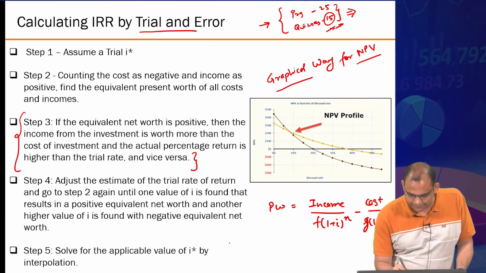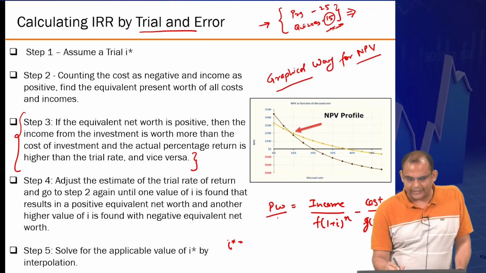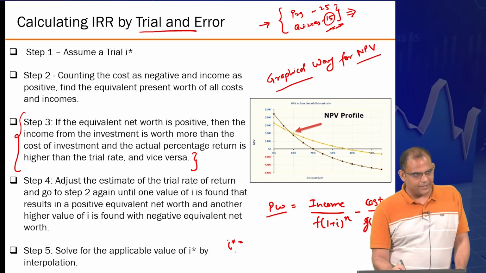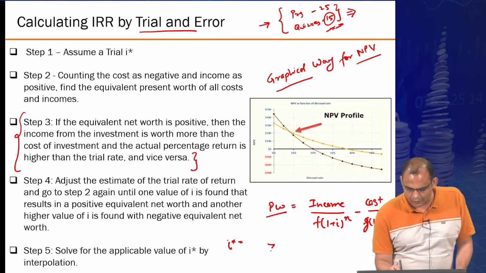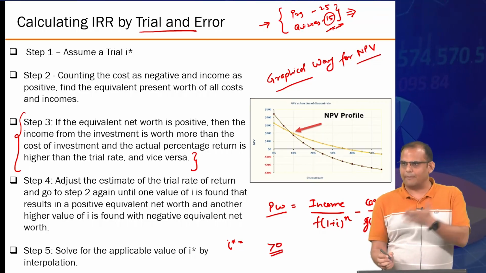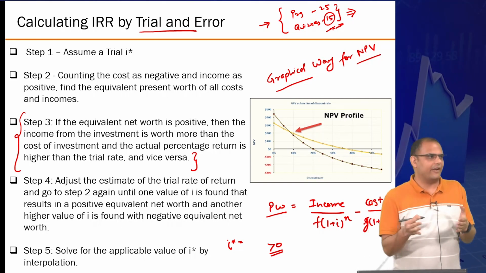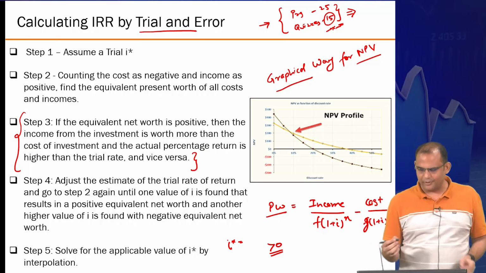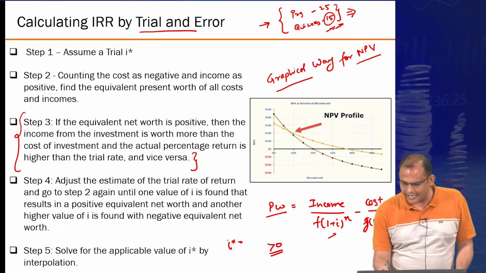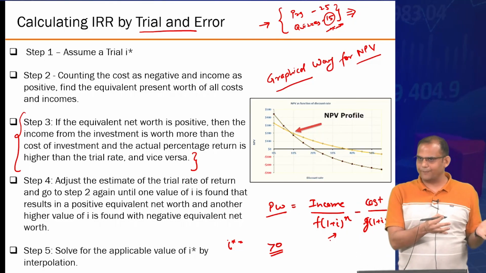Suppose you assume a value of i star and you estimate the present worth at that i star. If the present worth is coming out positive, it means the income term is stronger compared to the cost term. So in order to make this expression go to 0, you need to reduce the power of the income term. Therefore, i should be increased so that you reach that goal.